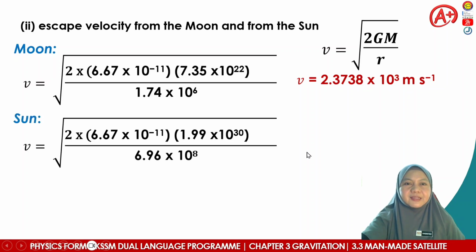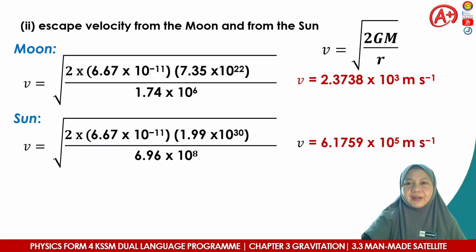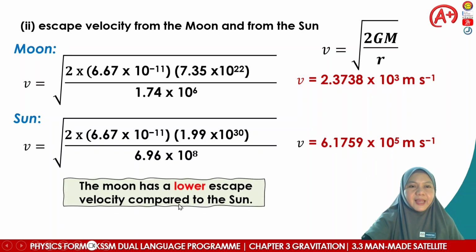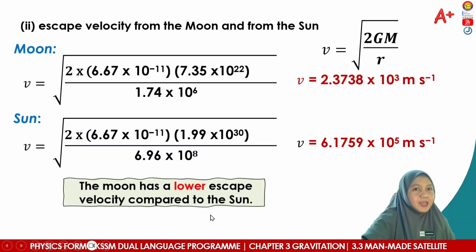And for the sun, it is 6.1759 times 10 to the power of 5 meter per second. So we can say the moon has a lower escape velocity compared to the sun, and vice versa. The sun has a greater escape velocity compared to the moon.